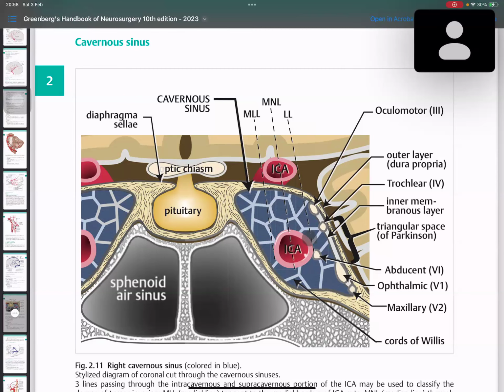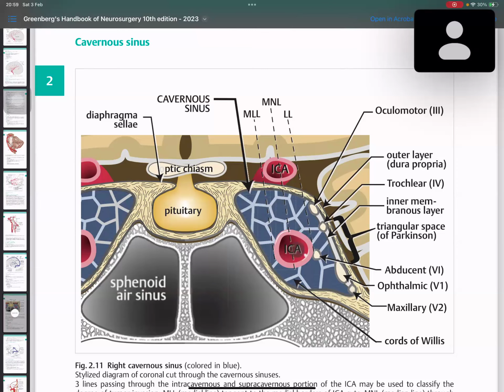it lets pass different nerves, like you can see. Laterally, we have the abducens, we have the V1 and V2 of the trigeminal nerves, and we also have the oculomotor nerve, that's the third. It's also very important to note this because this is a frequent access for the management of aneurysms, which are usually located in this area, and there are safe zones.